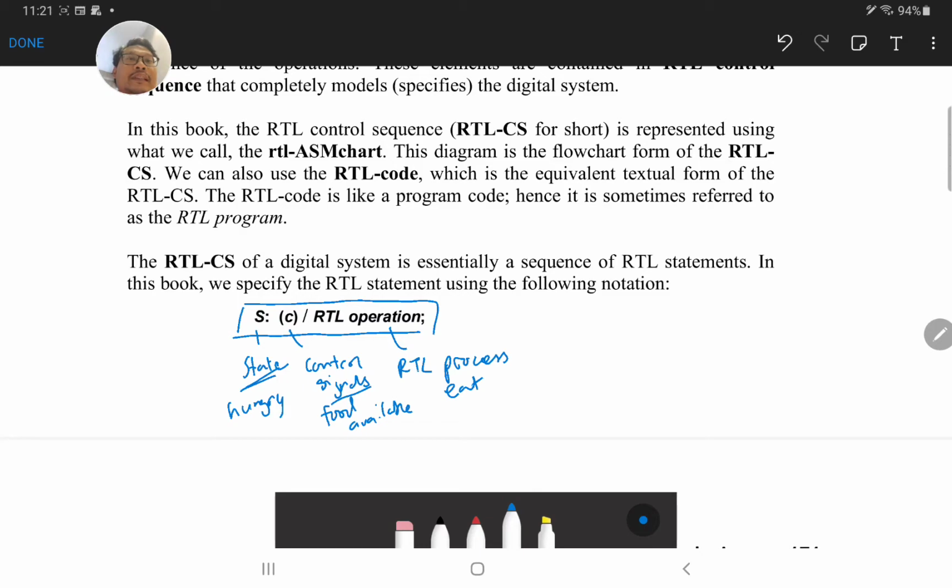Simple. However, if we are in the state hungry but there's no food, then the RTL operation will be to go buy food. So: hungry, no food, buy food.